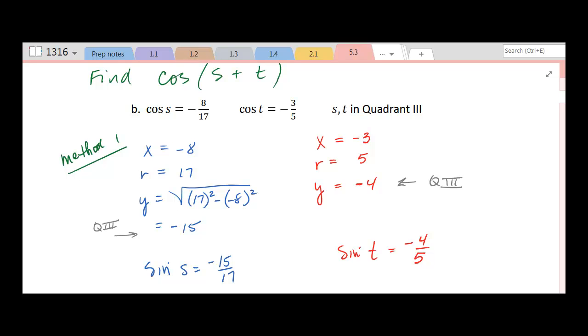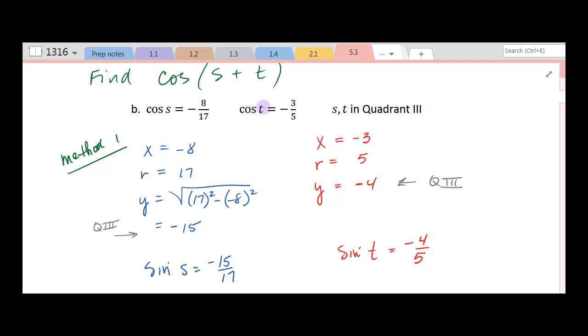Okay, so let me explain what I've got here for you. I was asked again to find the cosine of s plus t, given the cosine of s and the cosine of t. Using the definition of trig functions, I know x, r, and I can figure out what y is for the angle s. And I did the same thing over here for angle t.